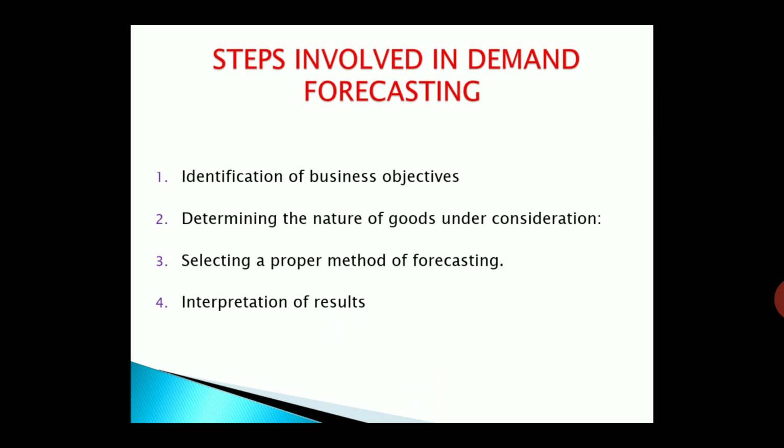Then you have to select a proper method of forecasting. Then reading the results is important. You apply a method, you get the results, but analyzing the results is very important. If you want to start any particular business or start up with a new thing, demand forecasting becomes the primary need.